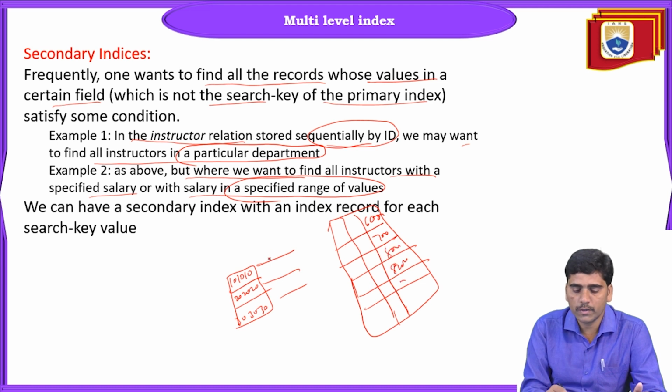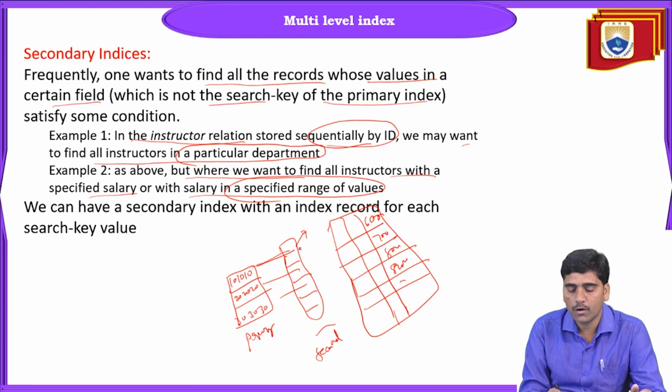If we want to display a range of values, we need to create a secondary index again. So this is called the secondary index and this is called the primary. We are going to perform an operation, whether it is delete, retrieve or insertion, based on the conditions of the range of the value.